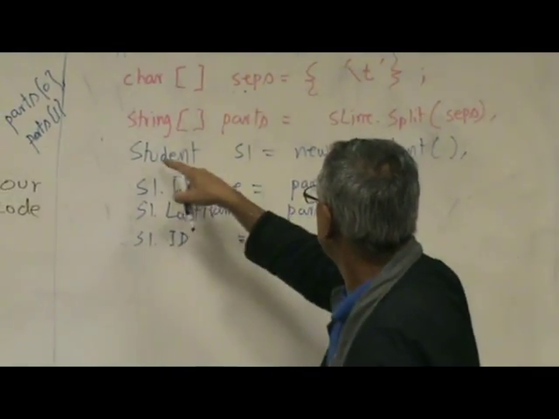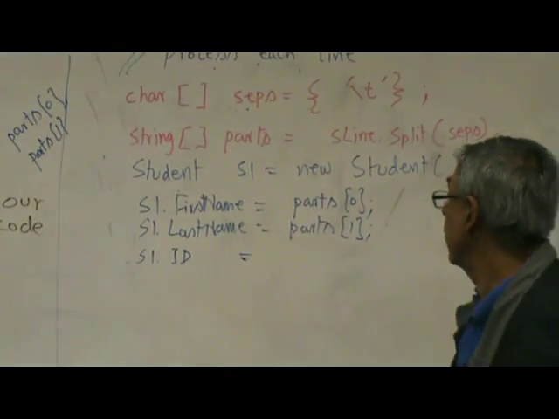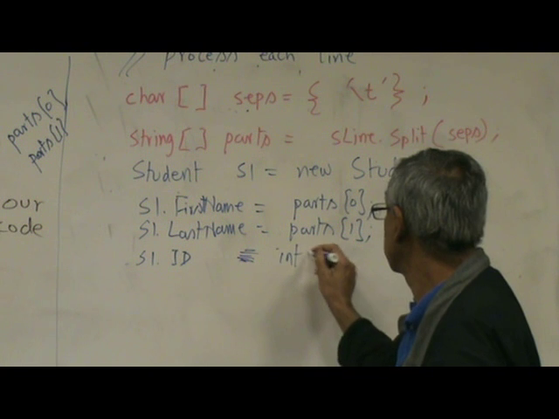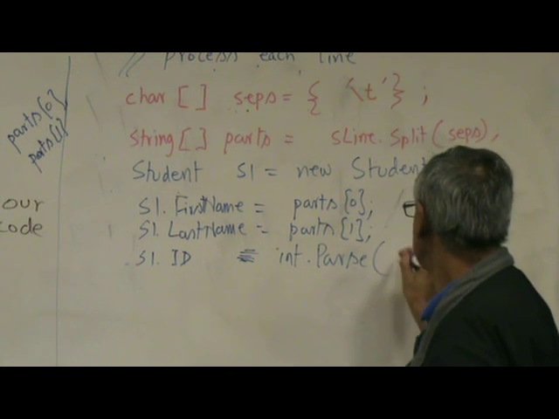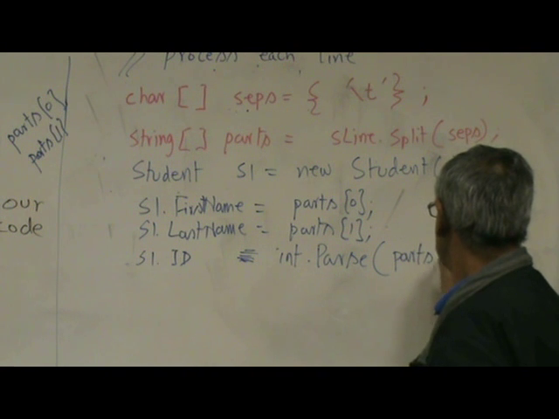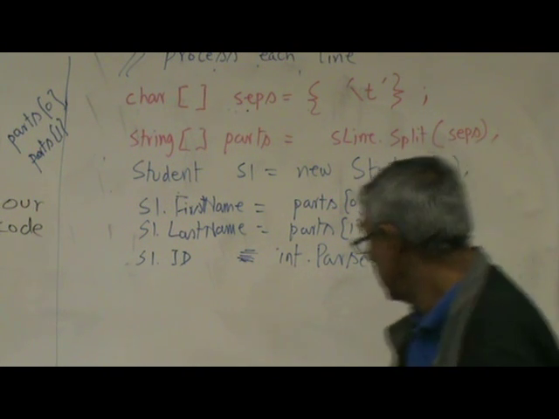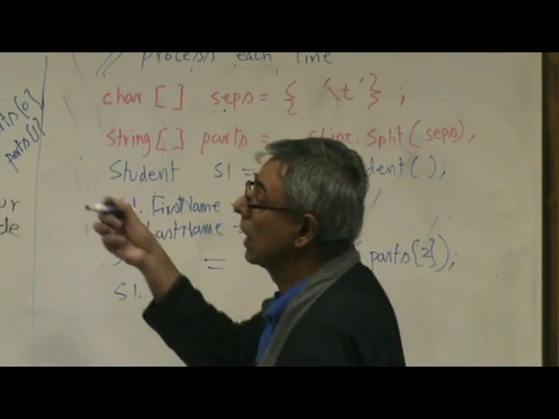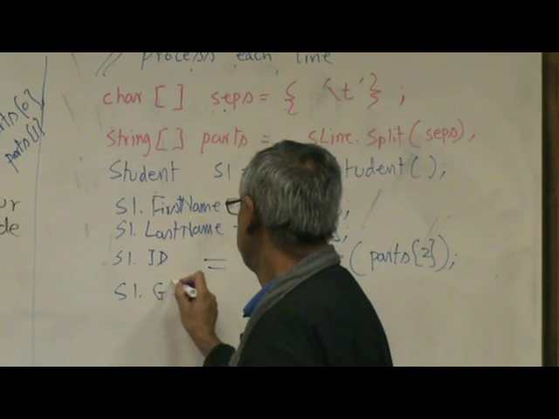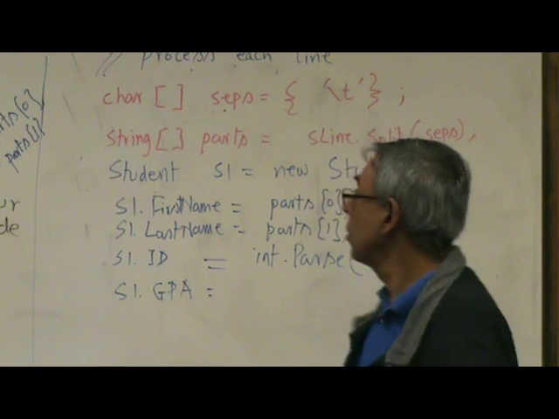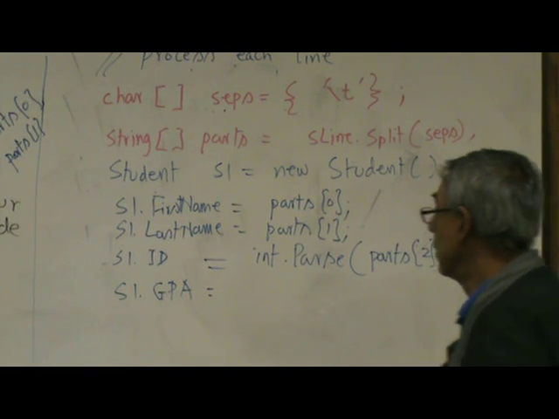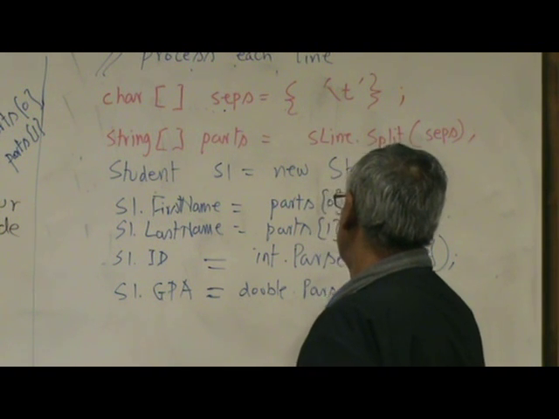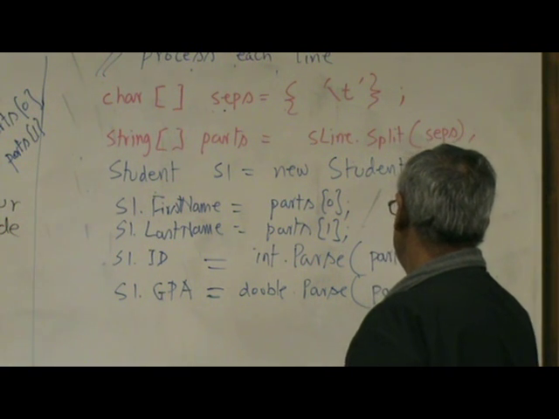So remember this parts array is a string type of array, right? How do we convert a string to an integer? Int.Parse(parts of 2). Okay. And s1.GPA, if let's pretend our student class already has the GPA as one of the fields, then this will be Double.Parse(parts of 3).